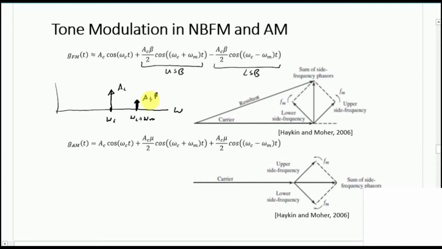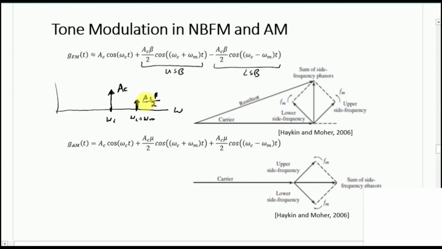This would have an amplitude of AC beta by 2. Okay, let me rephrase this. We cannot say this is an amplitude. We say that the area is equal to AC, not the amplitude. The amplitude is infinite and the width is almost zero because this is a representation of a Dirac delta function. So we would say the area is equivalent to AC, or simply the strength is equivalent to AC.